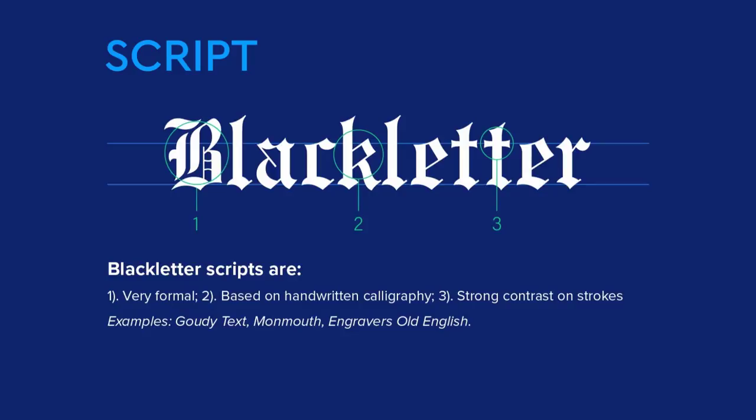It has this feel of handwritten calligraphy, as opposed to the B, which is very formal and much more detailed as compared to the K. Number three has strong contrast on strokes. Examples of fonts that fall into this category are Gaudy Text, Mammoth, and Graves of Old English.